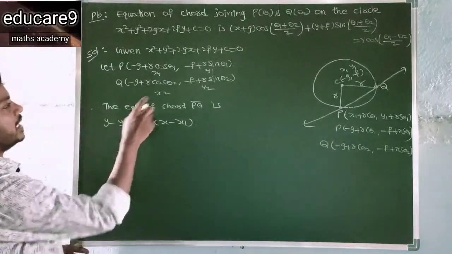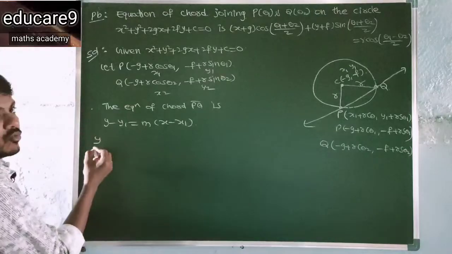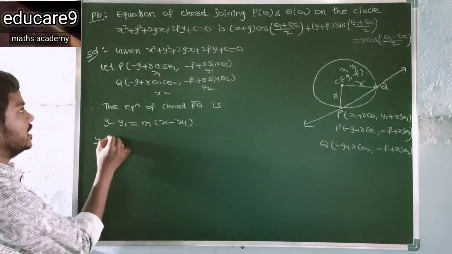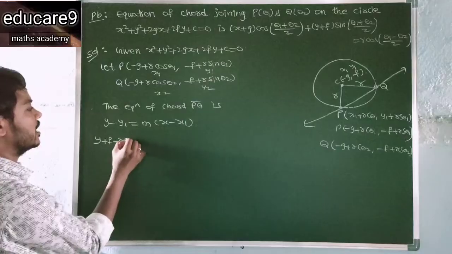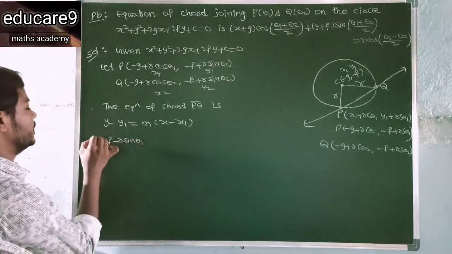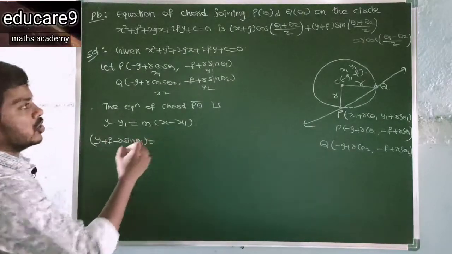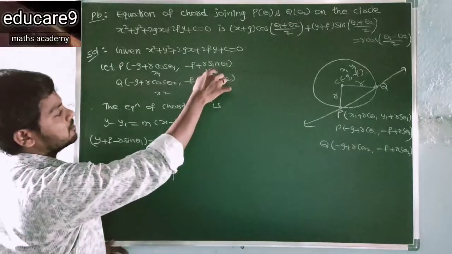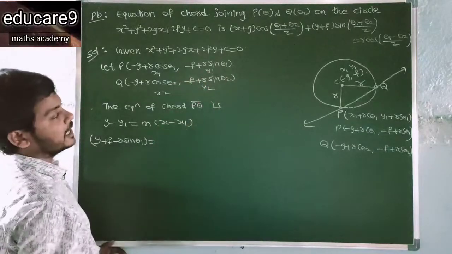So see here, y minus y1, that is y plus f minus r sin theta 1, is equal to m, that is (y2 minus y1) over (x2 minus x1). Minus f plus f get cancelled.